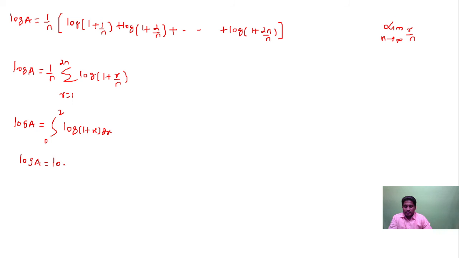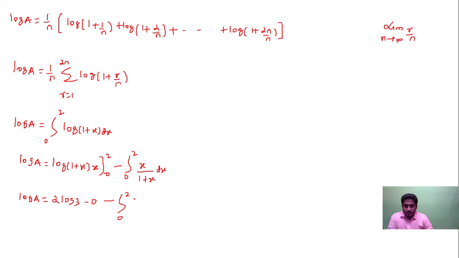First function is log x, integration of dx is x, between the limits 0 to 2, minus integral of second is x, derivative of log x is 1 by x dx. So you get log a is equal to, upper limit if I substitute, you get 2 into log 3. Lower limit is log 1, 0 only. So this is 0 to 2, add 1 and subtract 1 upon 1 plus x dx.